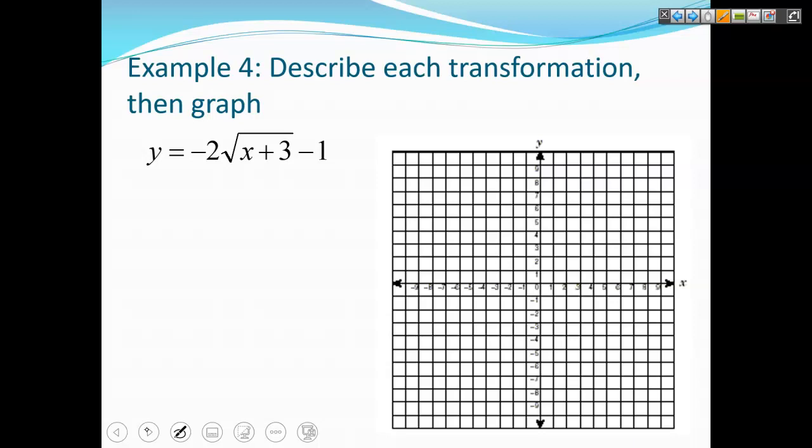We have an A. The A is going to make my graph stretch in this case. So it's steeper. It's also negative, which means instead of my parent function looking like that, it gets reflected across the x-axis, and it's going to open upside down.